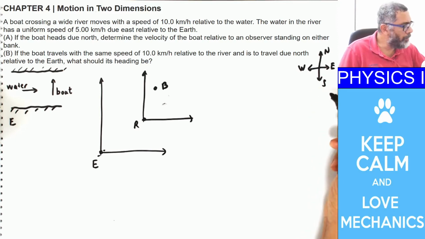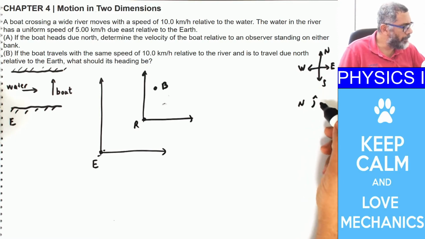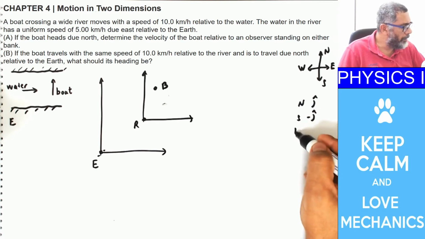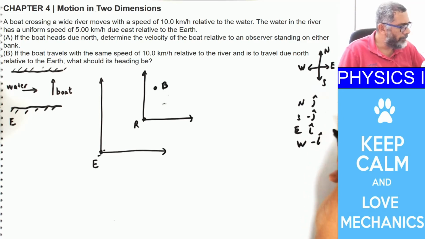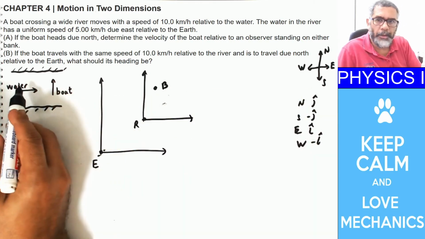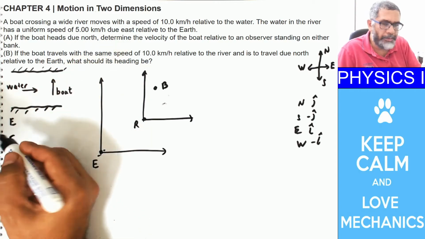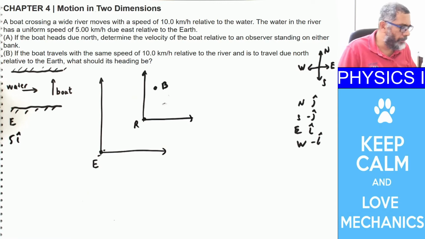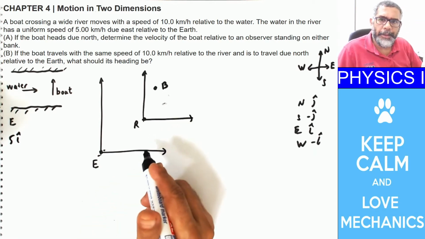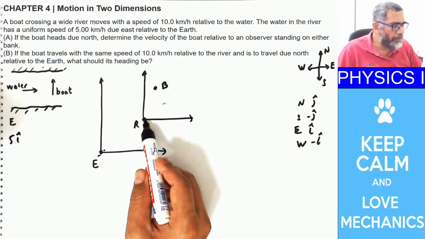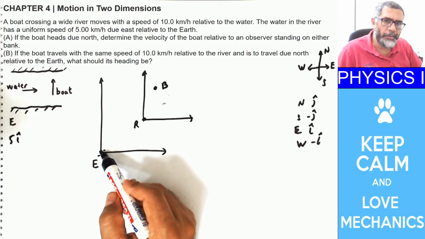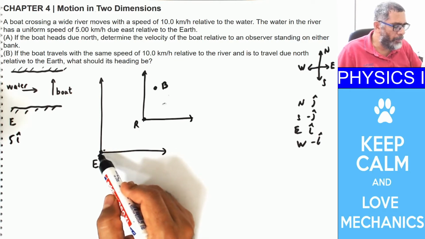But you can convert this: north is capital J, the unit vector in the positive y direction, S is minus J, E is plus I, and west is minus I. So with that, the water that flows at 5 kilometers per hour due east is just 5 meters per second. Well, this is the velocity of the reference frame R measured from reference frame E.